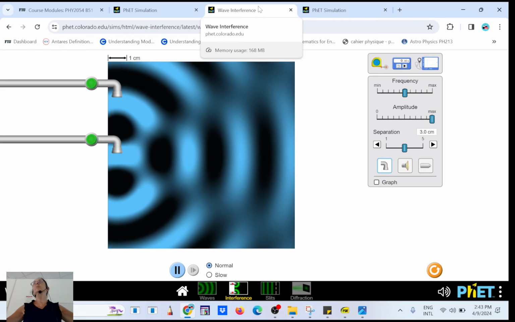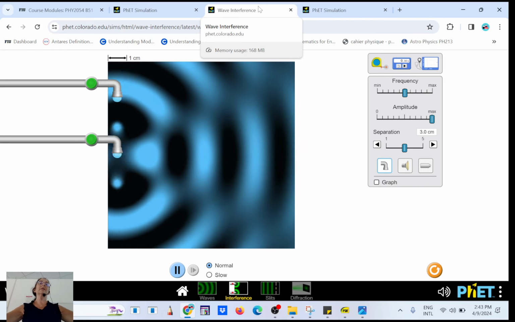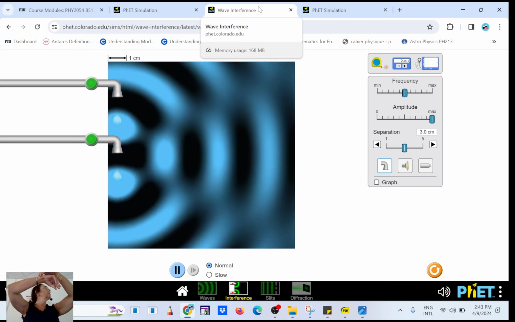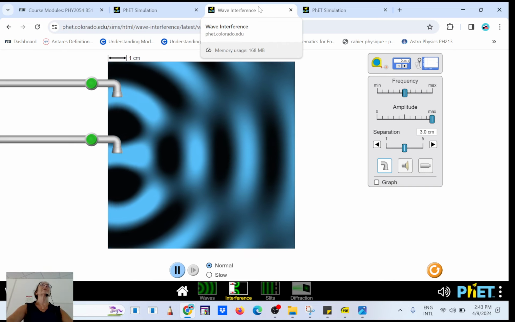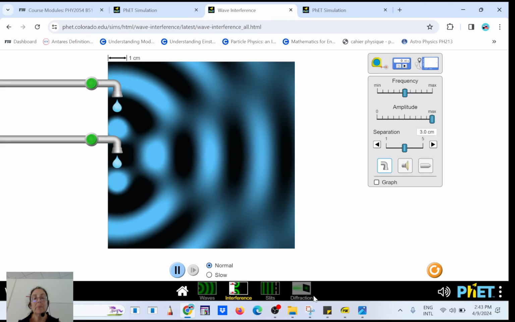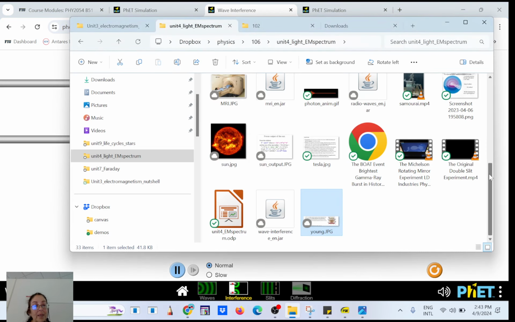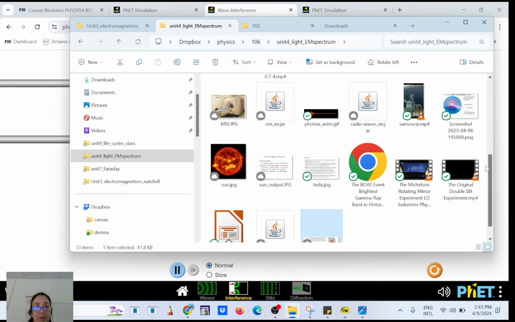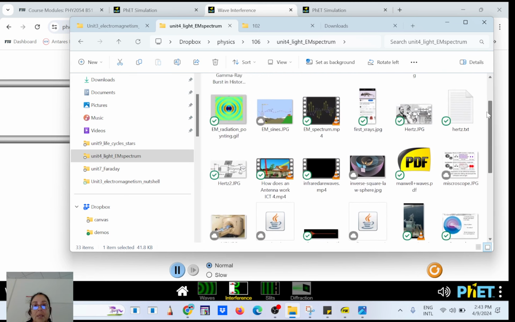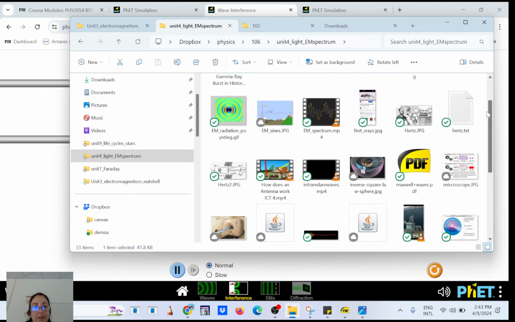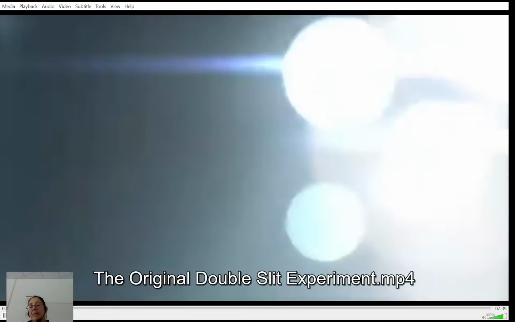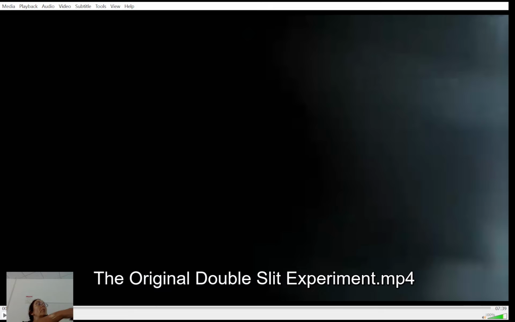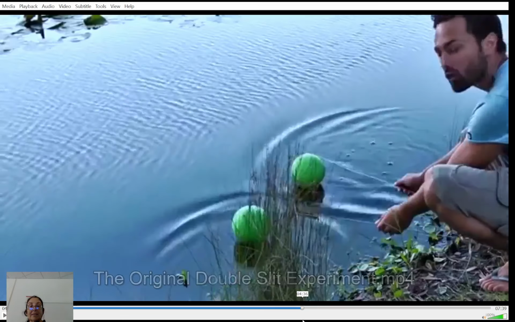Because sound waves coming from two speakers can reinforce each other or they can cancel each other. So there is this amazing demo, and why not? Maybe you can do that experiment on the pond here.